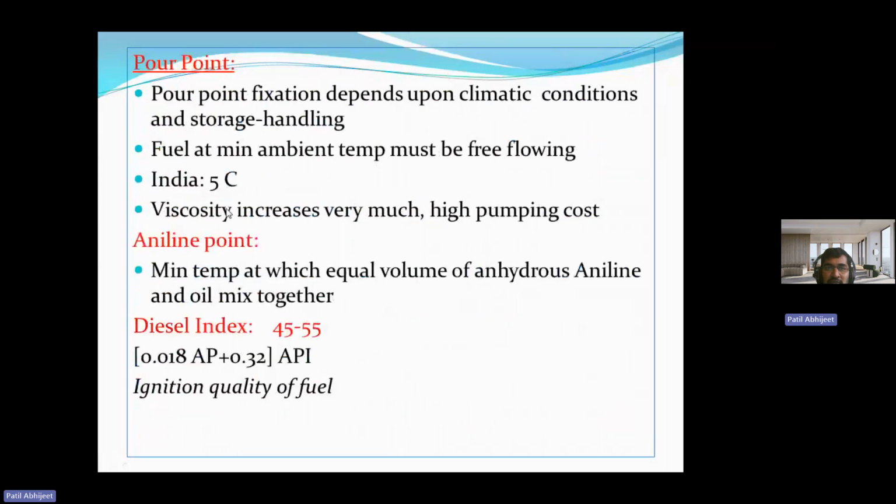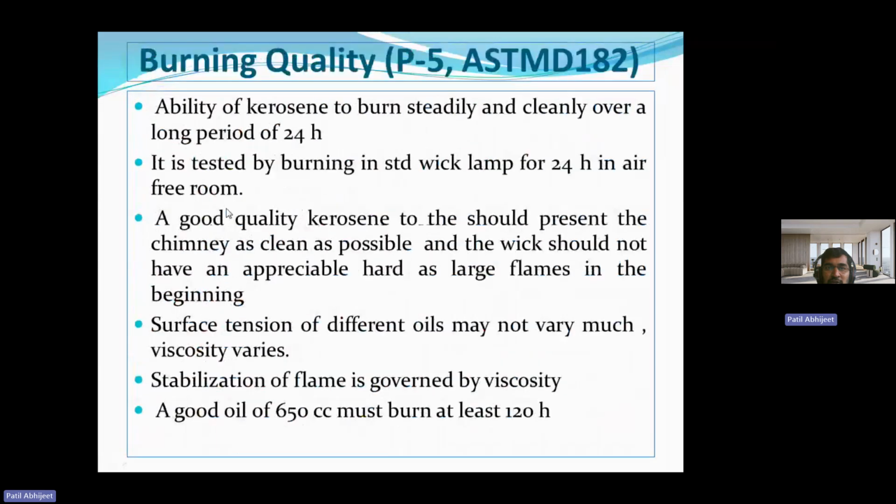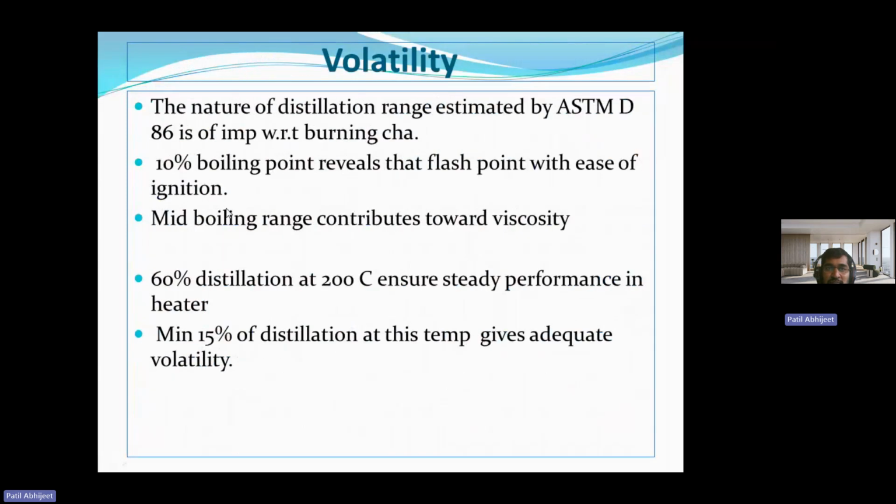These are the various properties of a fuel oil, or petroleum fractions, which give the specification. Out of these, flash point, fire point, density, pour point, and cloud point are the most important. Clear with this?